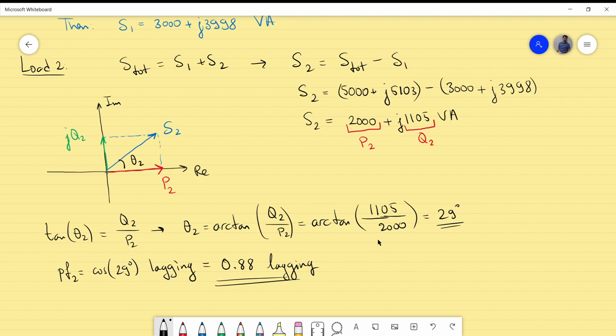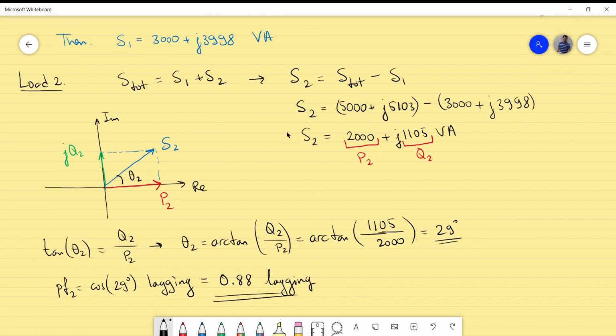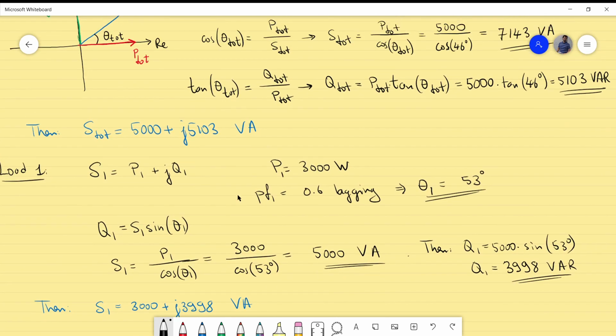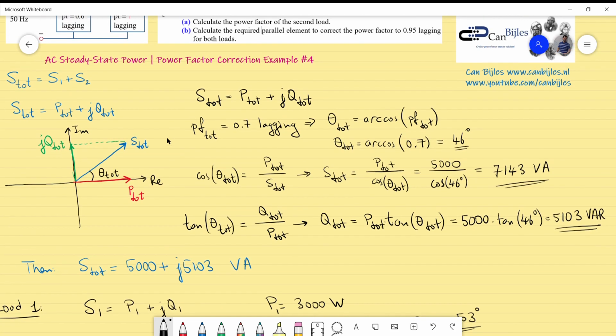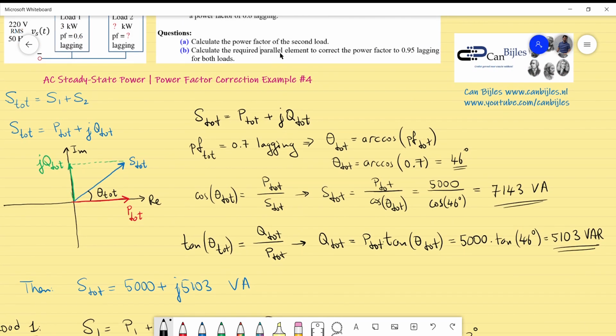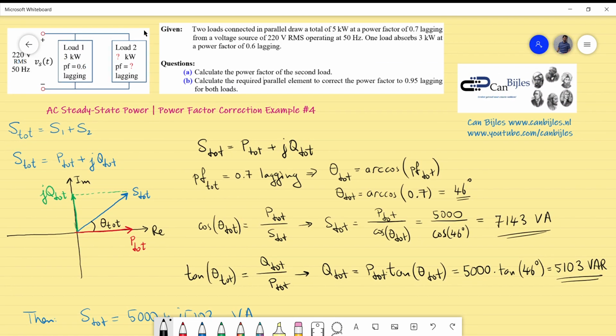Now let's move on to question B. Question B required a power factor correction, which is shown here. Calculate the required parallel element. So I will place a parallel element here, such that the total power factor of 0.7 lagging will increase to 0.95 lagging. Okay, how do I do this?